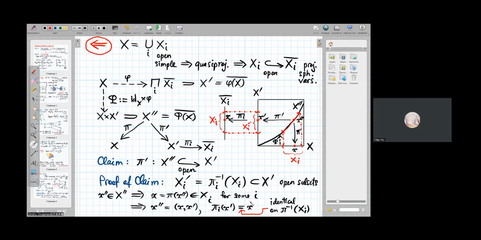Okay, so this implies... I need some more room. I don't have enough room on this page. Maybe I will shift slightly what I have written to the top. Like this.